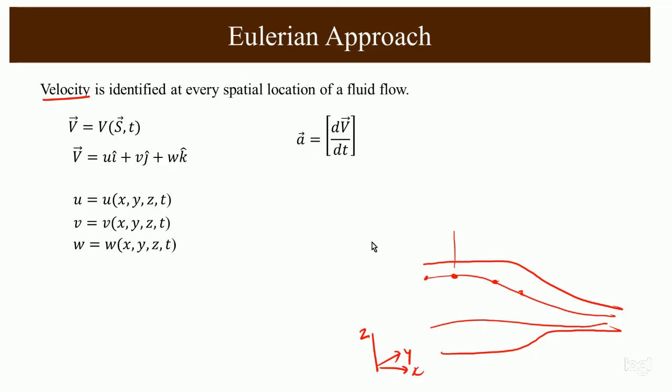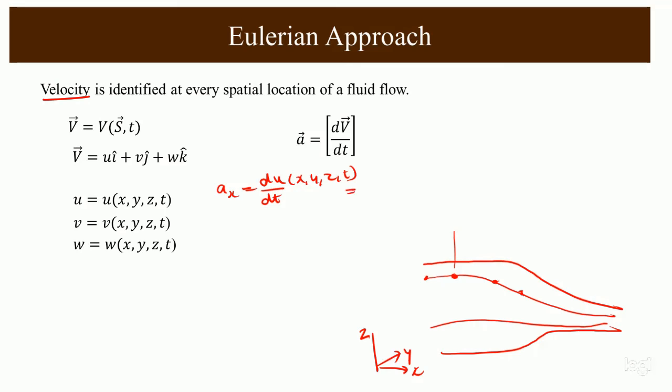How do you find out the acceleration? Acceleration is found by differentiating velocity with respect to time. But differentiating velocity with respect to time is not that easy here. Why? Because ax is du by dt, but u is a function of x, y, z and t.